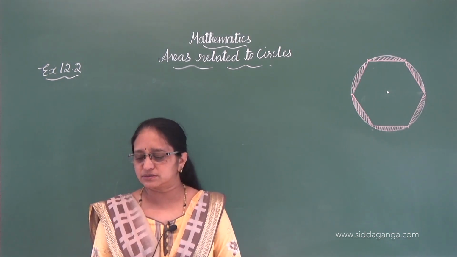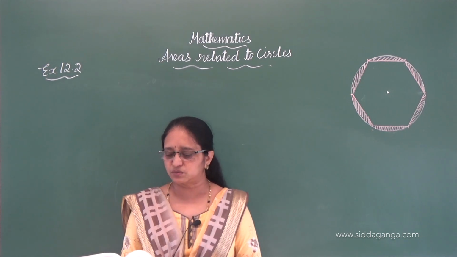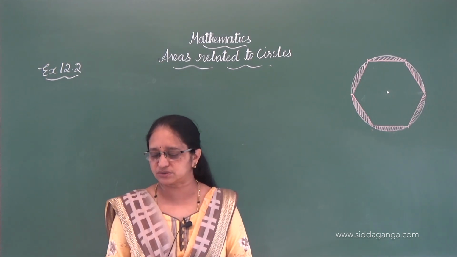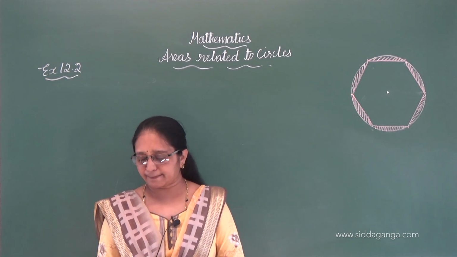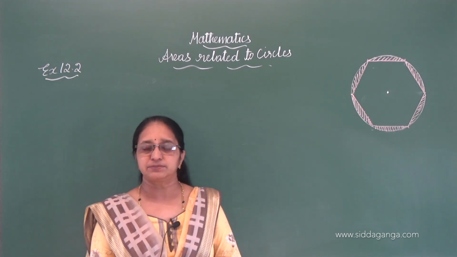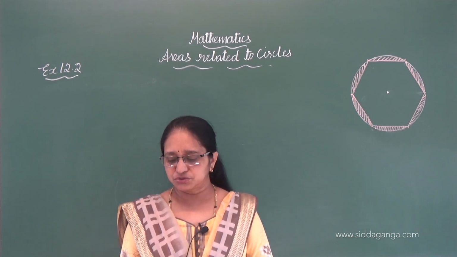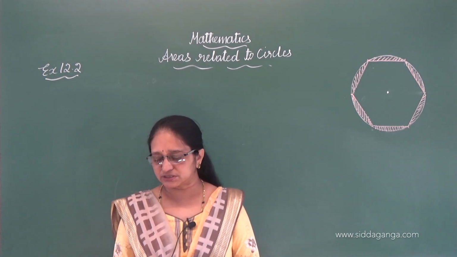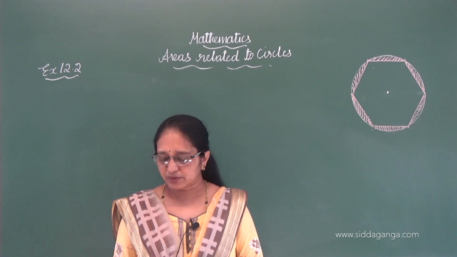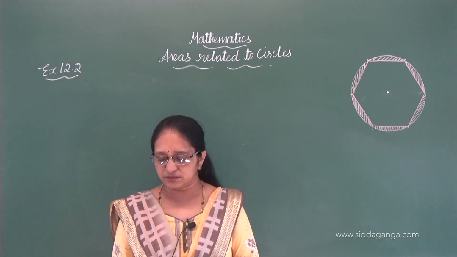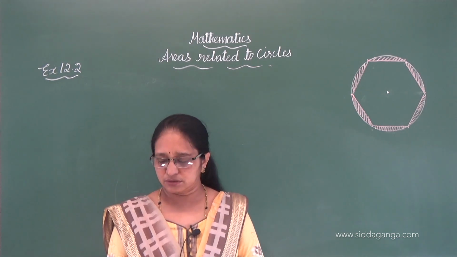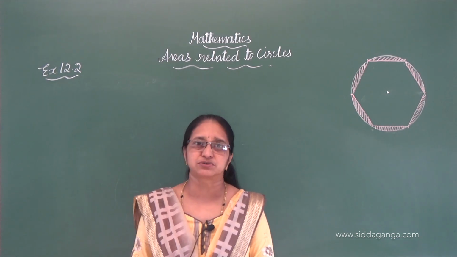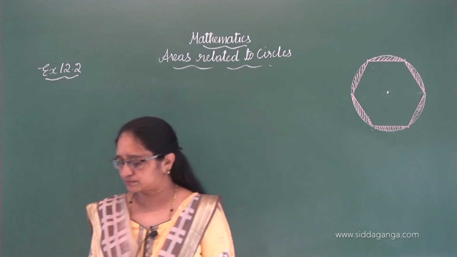See, this is the 12th one: to warn ships of underwater rocks, a lighthouse spreads a red colored light over a sector of angle 80 degree to a distance of 16.5 kilometer. Find the area of the sea over which the ships are warned. See, here you have to use pi is equal to 3.14.